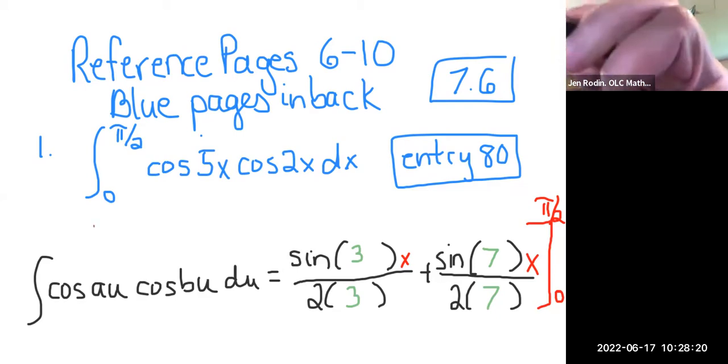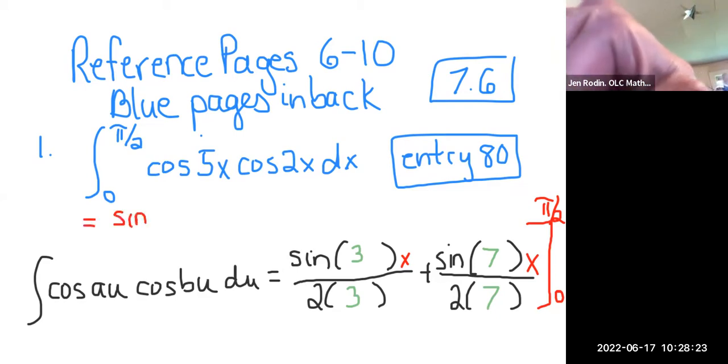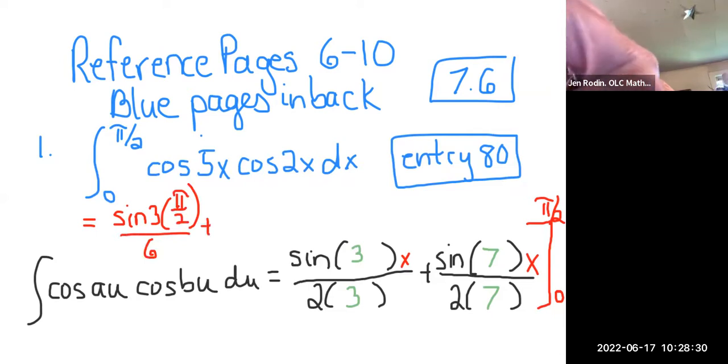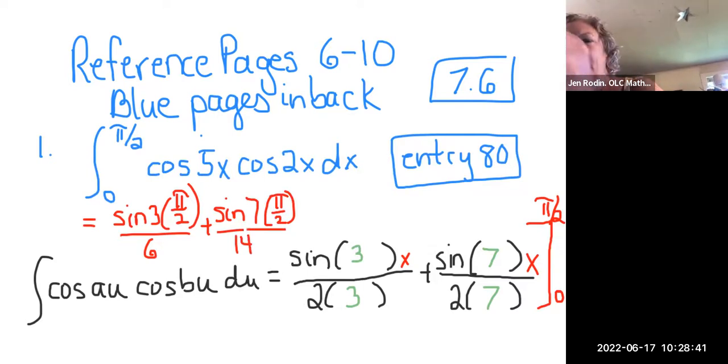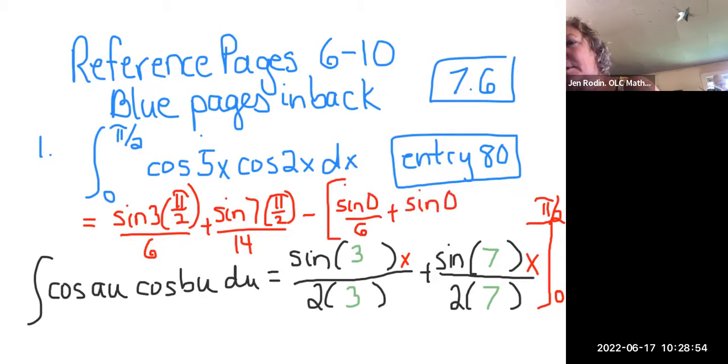So it's going to be sine 3x over 6 plus sine 7x over 14 minus sine of 3 times 0, sine of 0 over 6 plus sine of 7 times 0 over 14.